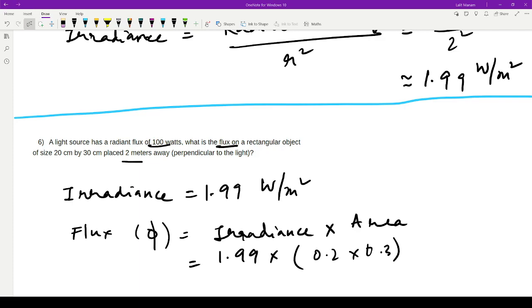So whatever this quantity is, what would be the unit of flux? Watt. It's power. Flux is power. How much power you have in that light?